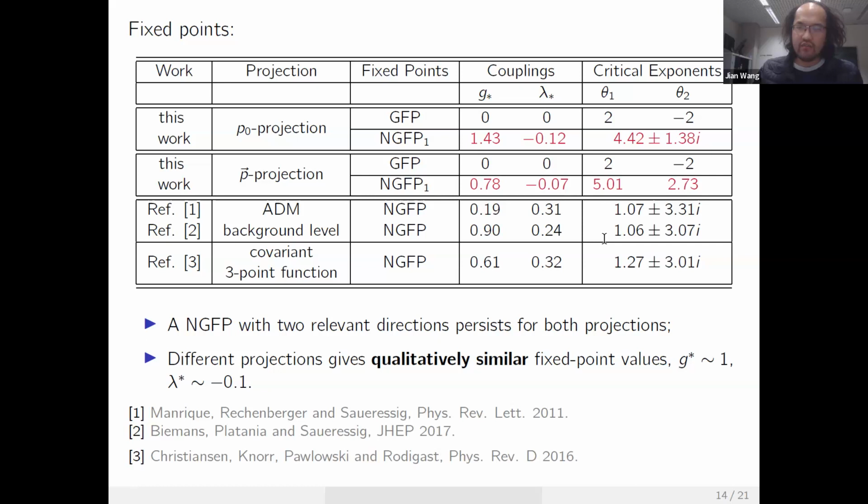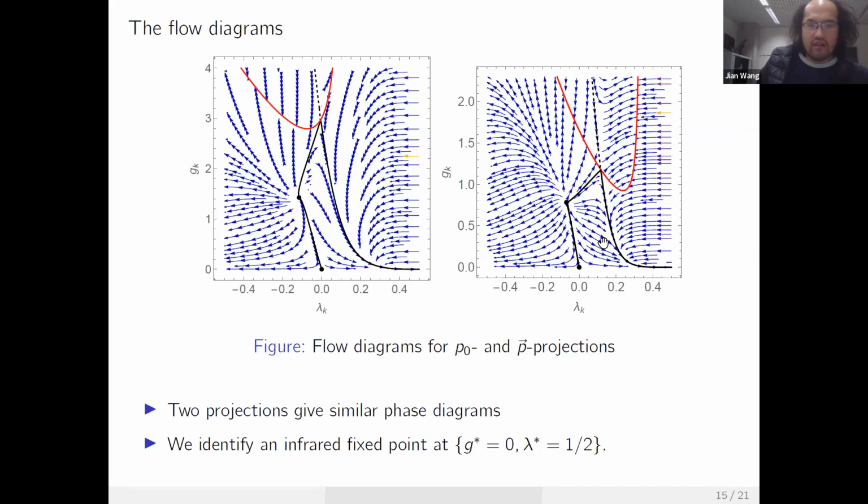Next, we give our flow diagrams for both projections, with the UV fixed point here and the Gaussian fixed point here. From the flow diagram, we can see that both projections lead to a similar structure, right?